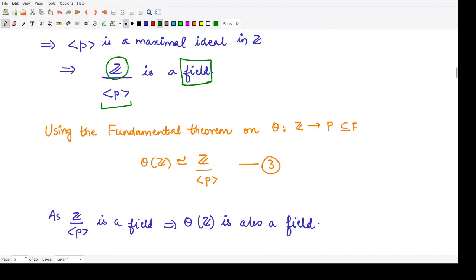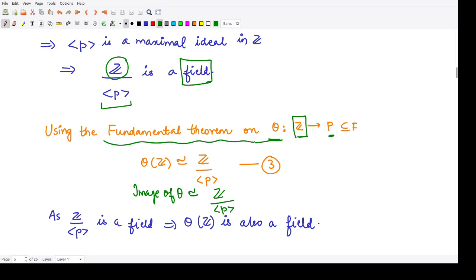Now we can apply the fundamental theorem on the mapping theta, because it is a homomorphism defined from Z to P. The image of theta would be isomorphic to the domain set Z divided by the ideal generated by P. This is the result of the fundamental theorem of homomorphism on this mapping theta. So theta of Z is nothing but this.